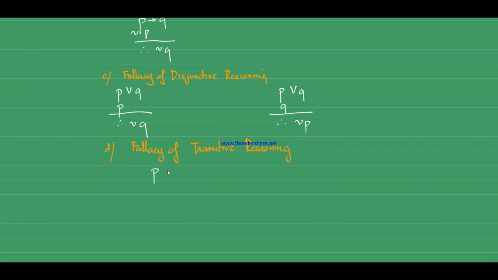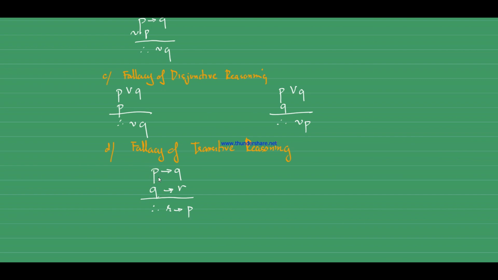You have P imply Q and Q imply R, but instead of having P imply R, you have R imply P. So the valid argument is P imply R, but if you have R imply P, then that's a fallacy.